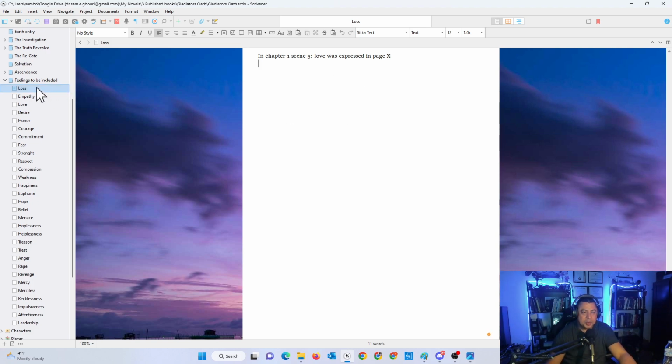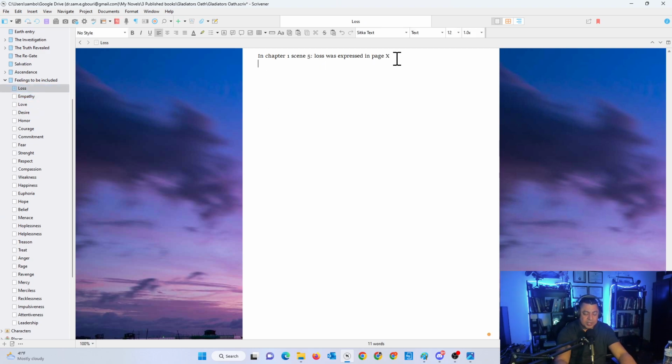This way I know where I mentioned, I mean not love, loss in this case. This is loss. I'm logging the feelings that I'm using as I go. So that means, okay, good, I covered loss. Now as I keep going, okay, great, I covered empathy. And it may be expressed in different places, and that's the reason why I need to write it in here.